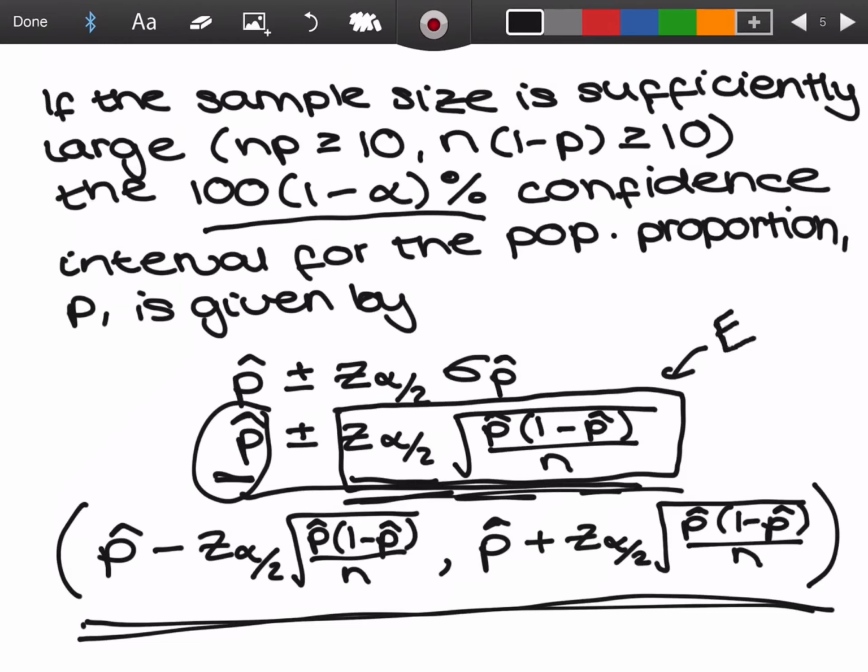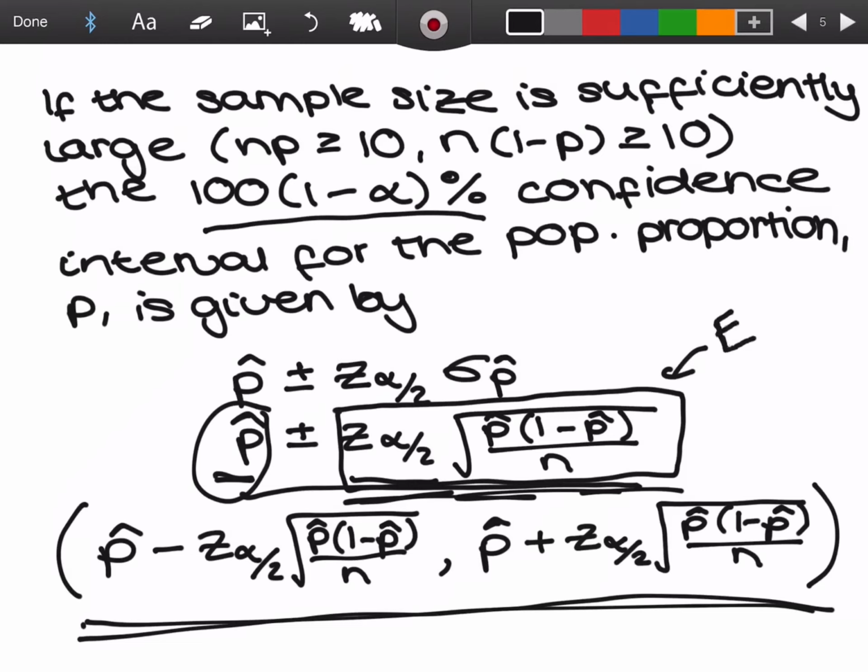Okay, so they'll say, we want to know the sample size with a certain level of confidence, with this maximum error, and with this proportion of people in our sample having this particular characteristic.